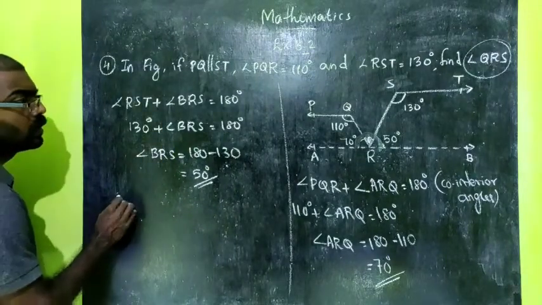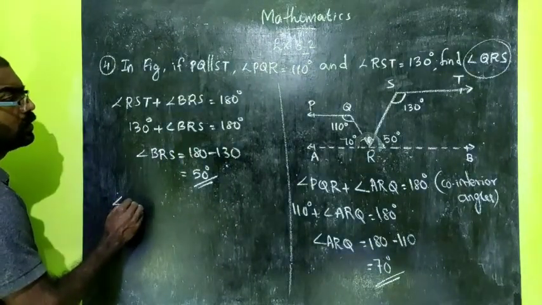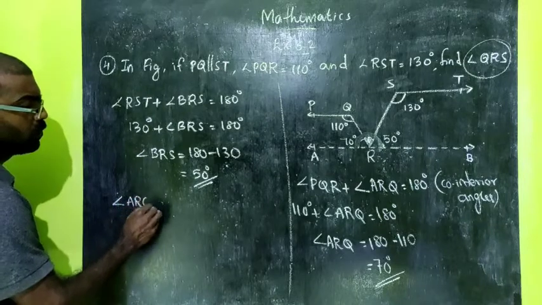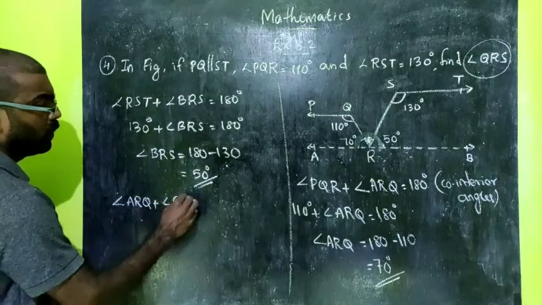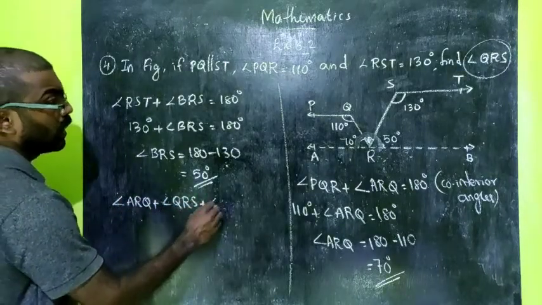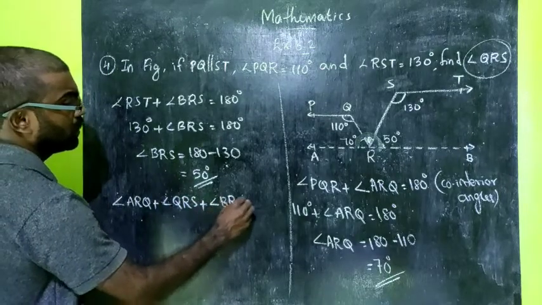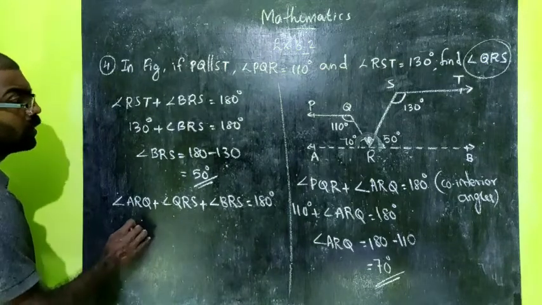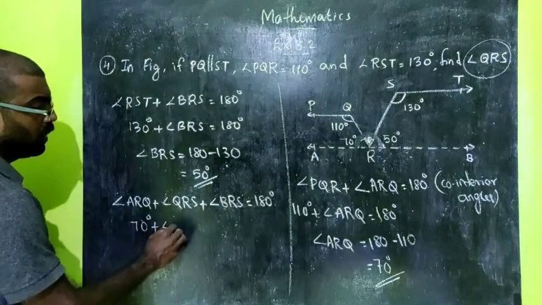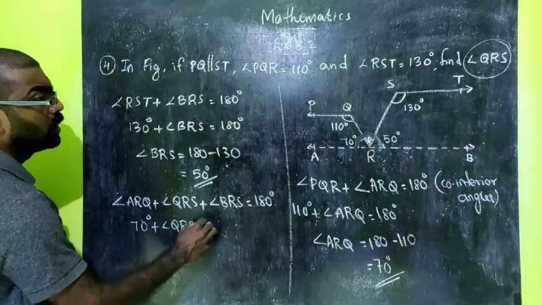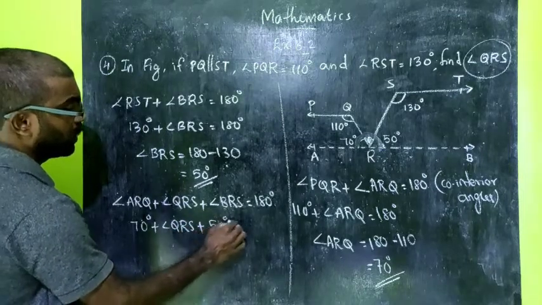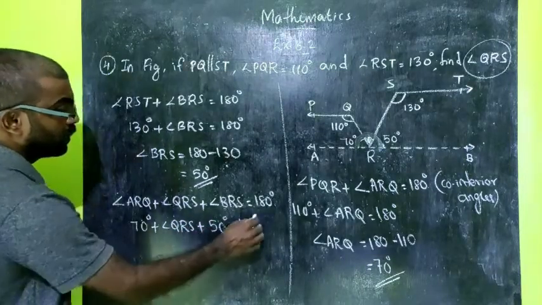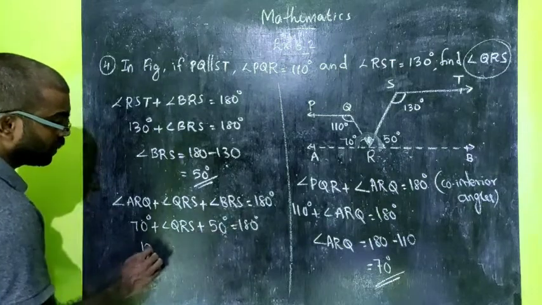So here we can write angle ARQ plus angle QRS plus angle BRS will be equal to 180 degrees. Now we can give the known values, that is 70 degrees plus angle QRS plus 50 degrees, which is equal to 180 degrees. 70 plus 50 is 120.